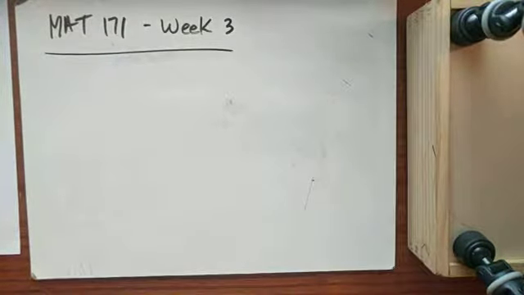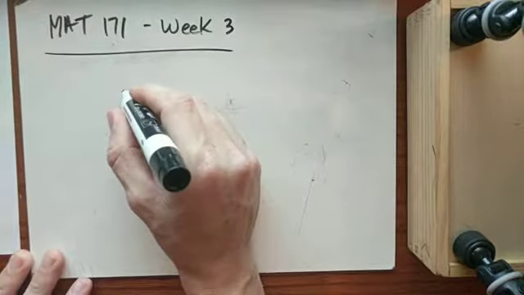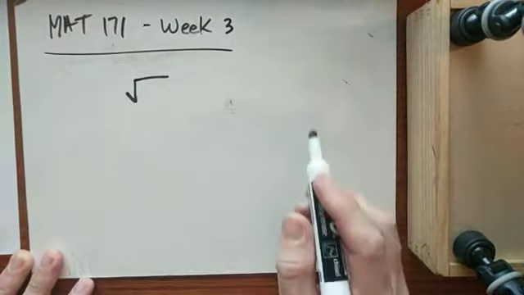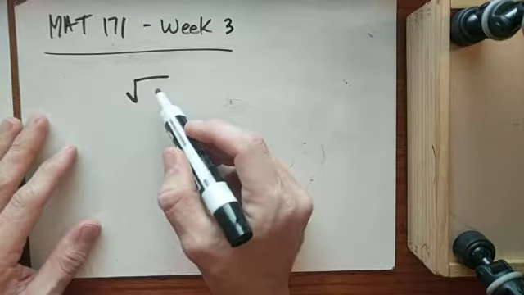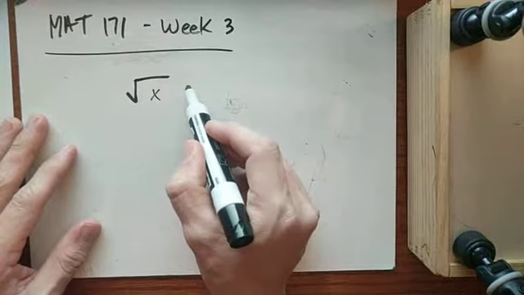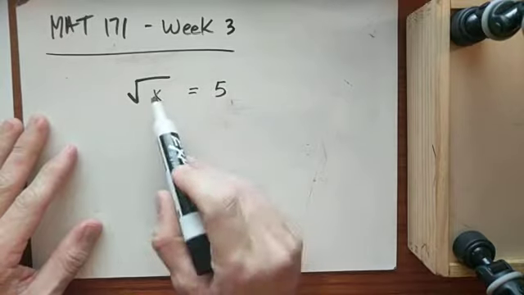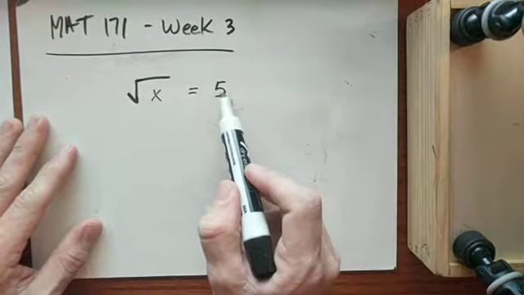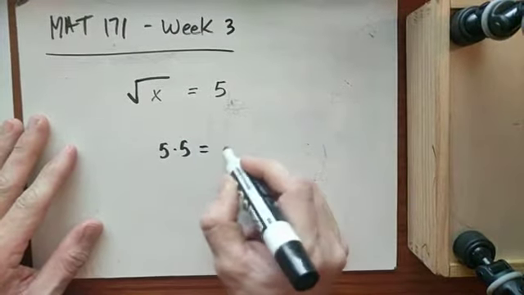All right, so another thing we're going to have to do is take square roots of negative numbers. So the reason why a square root exists, if you say the square root of a number is 5, that's like saying that 5 times 5 is equal to the number.